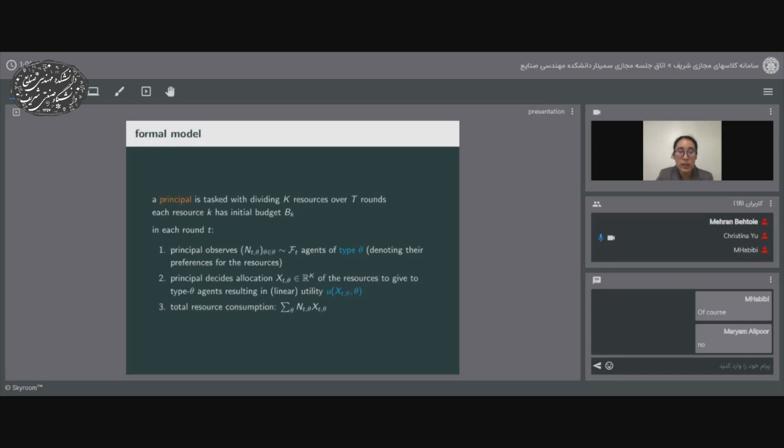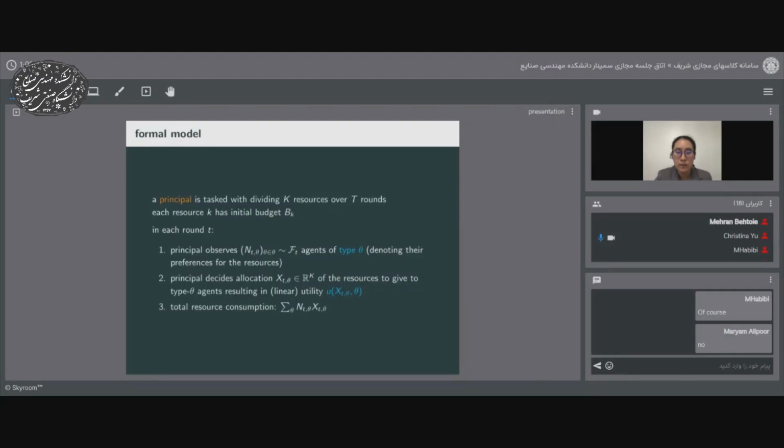Their utility depends on their type, but in a linear sense. So you can think of theta relating to a linear coefficient vector. And the total resource consumption is going to be the number of individuals of each type times the allocation of each type.